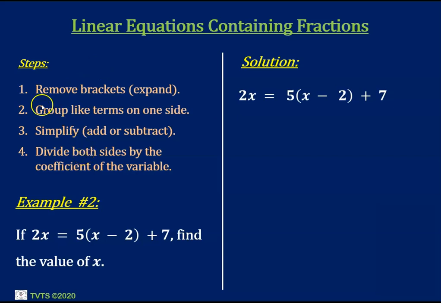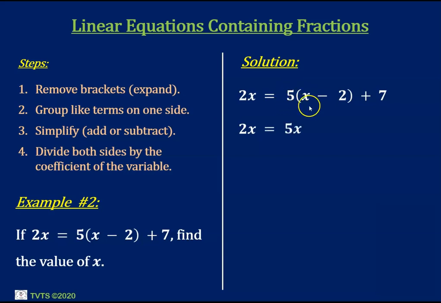So let's first remove the bracket by distributing 5 over x and negative 2. We repeat 2x here. Five times x is 5x.